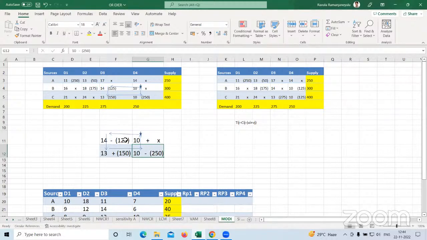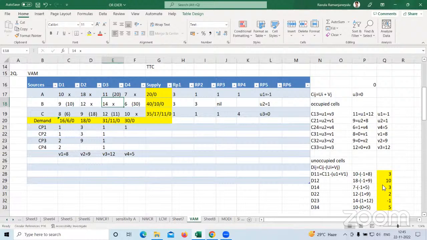This becomes 0, this becomes 125, this becomes 125, this becomes 275. So this loop has to be prepared when we get a minus value. If any of these values is minus, then we need to consider that as the place where we need to allocate the number of units which we did not allocate.